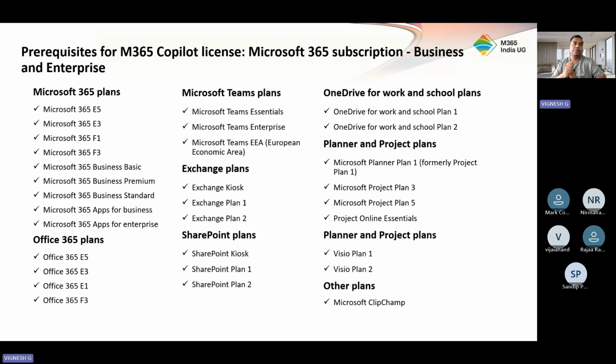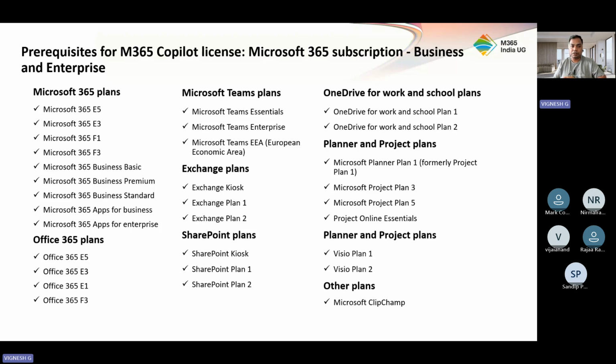Because if I remember, it's been around 2 years since Microsoft 365 Copilot came out, right? Back then Microsoft said only if you have E5, you can go ahead and purchase Microsoft 365 Copilot as an add-on. That's like 2 years back. And then 6 months from then, they said, you know what, we are opening this to even Microsoft 365 E3 customers.